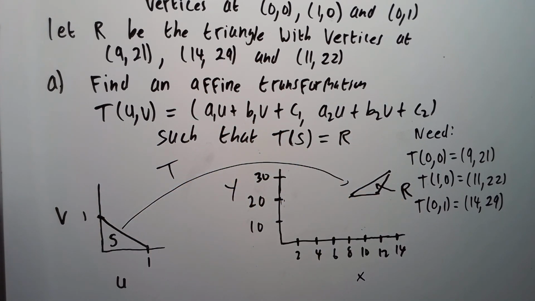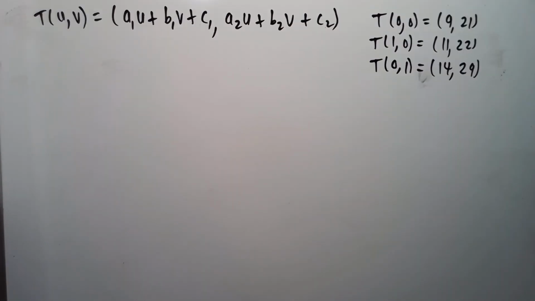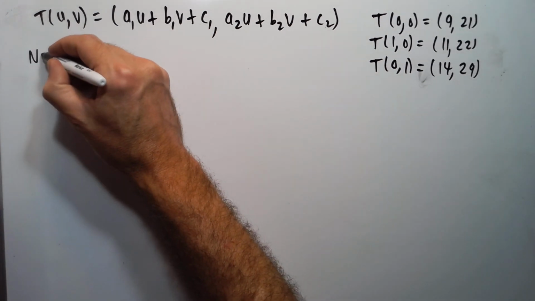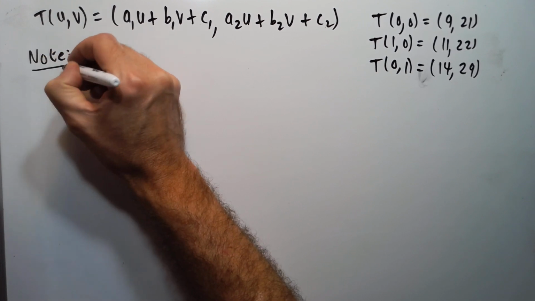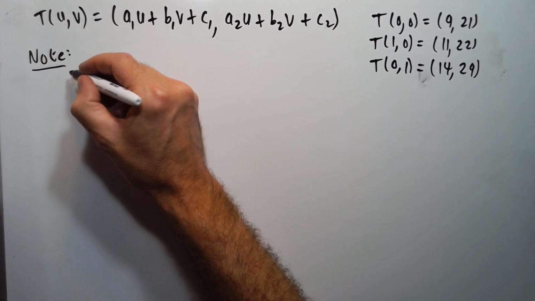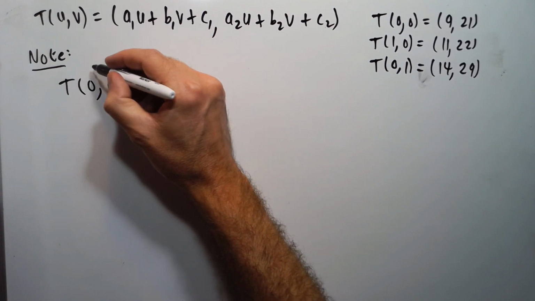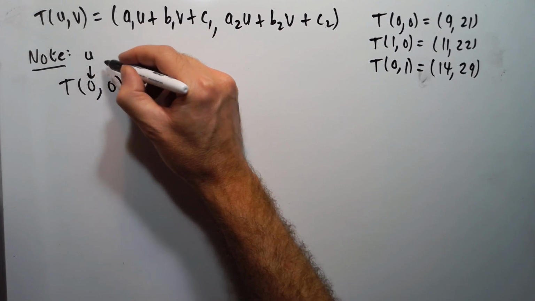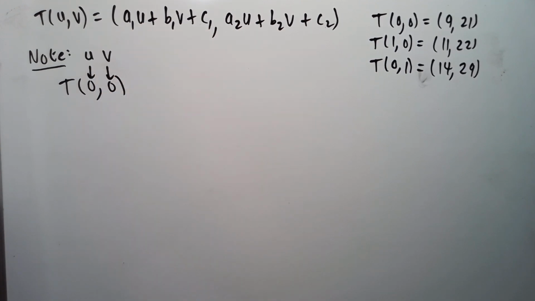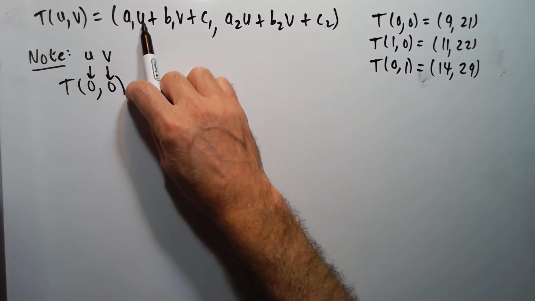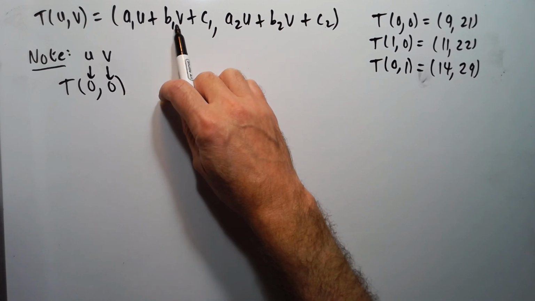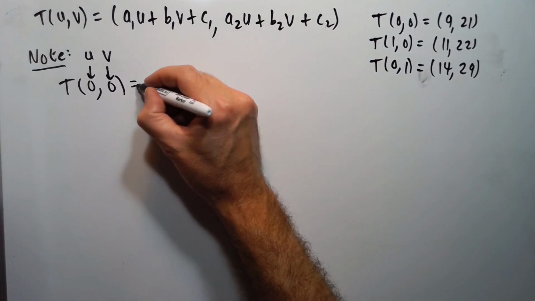So let me erase a few things. Okay, so we have this. So here's our conditions we need over here. So note here, let's look at T of (0, 0). Well, that means 0 for U, 0 for V up here. So putting 0 in place of U here, gone, place of V here, gone, just be C1.